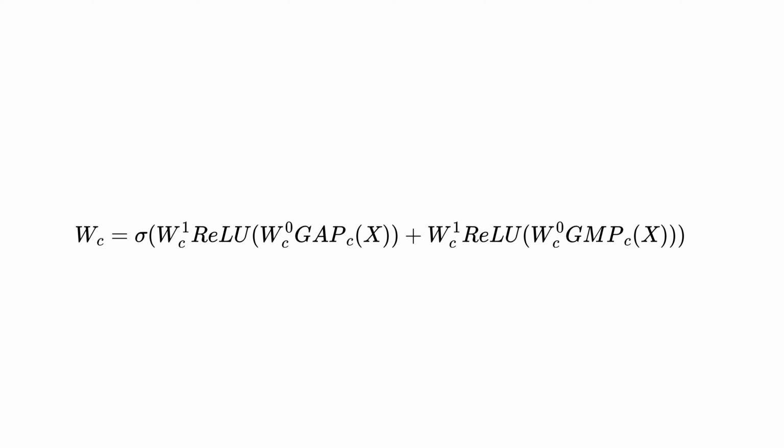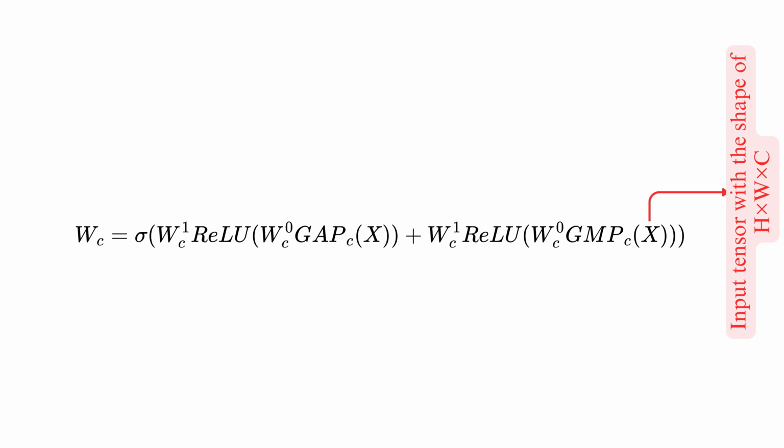In this section, we begin by explaining both the channel attention module and the spatial attention module utilized in CBAM. Imagine we have the input tensor X with the shape of H, W, and C, where C, H, and W represent the number of channels, height, and width of the feature map, respectively.